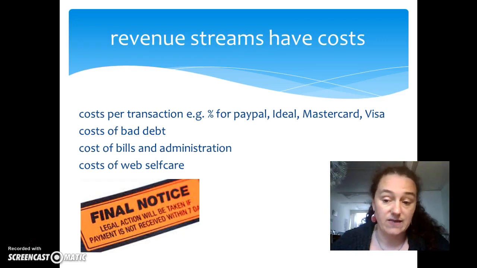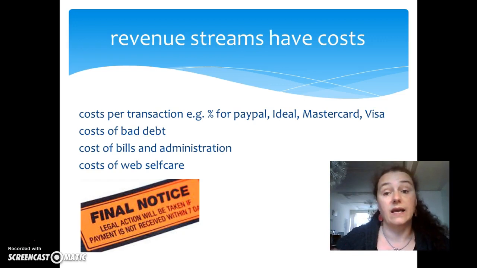Then there's the cost of bad debt. Sometimes people don't pay, and in the end they don't pay at all, or they pay way too late. And there's the cost of the bills and the administration, whether you just do that yourself or organize a web self-care. So all these things have costs, and they are then again related, for example, to your channels.